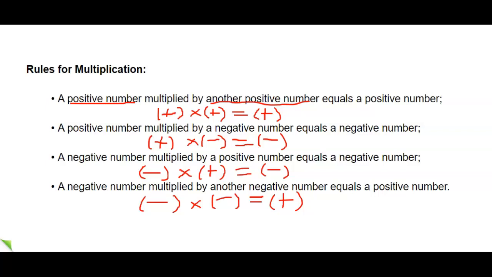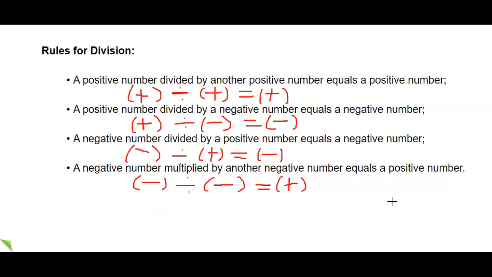And for division, a positive number divided by a positive number would give you a positive number. A positive divided by a negative would give you a negative. A negative divided by a positive would give you a negative, and a negative divided by a negative would give you a positive. Let's look at some questions.